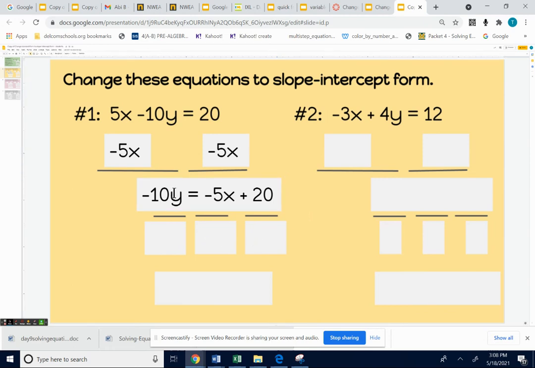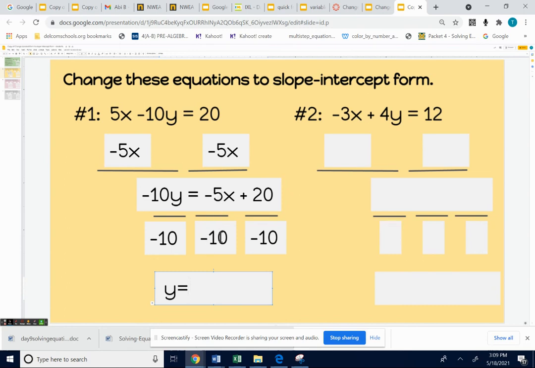Now solve for y by getting rid of the multiplied negative 10. I got to divide all 3 parts by a negative 10. When I divide all 3 parts by a negative 10, I get y on the left. And break this apart. When you reduce, the way I do it, you don't have to do it my way, but I look at the signs first. I look at this as a negative divided by a negative, which is a positive.